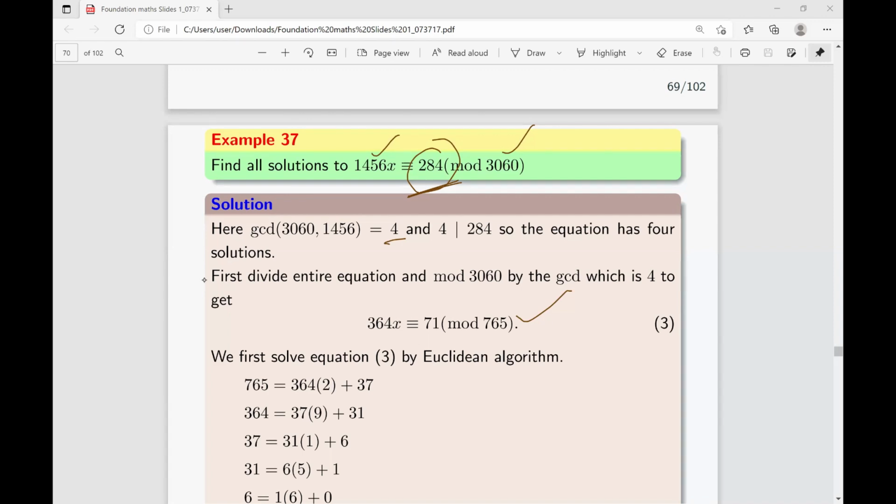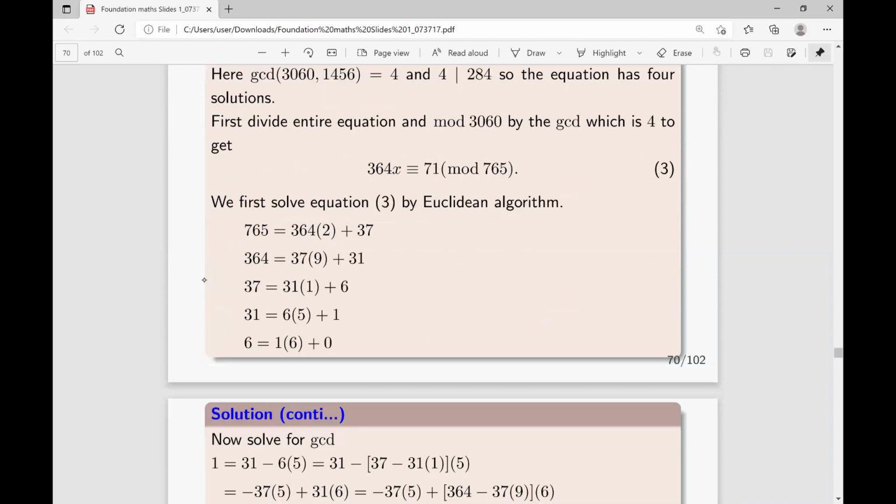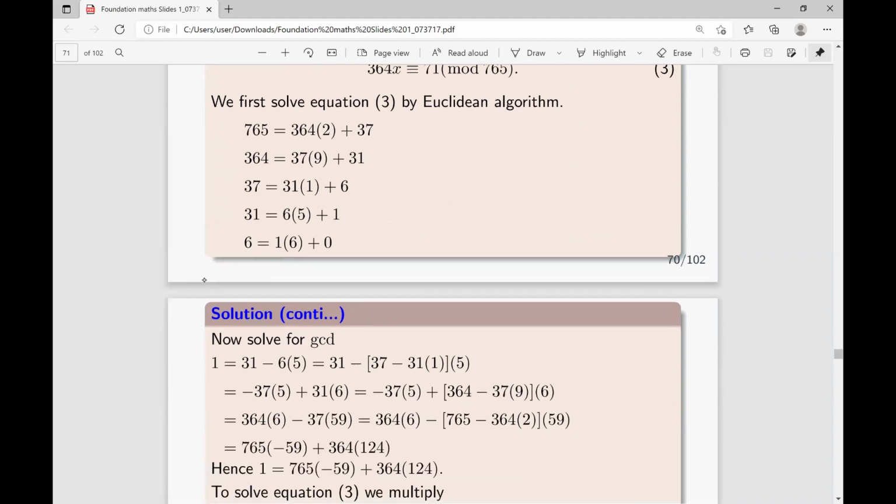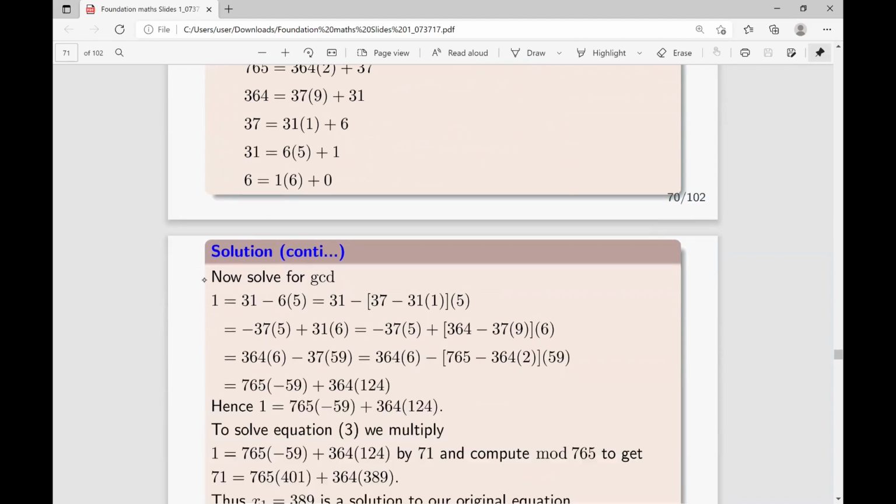What follows is to use Euclid's algorithm on this equation 3 and find the GCD, which is 1. Then using the extended Euclid's algorithm, make 1 the subject of the formula, and you know how to do that. You arrive at this. This is where I want to begin from. Also, you know how to arrive there.